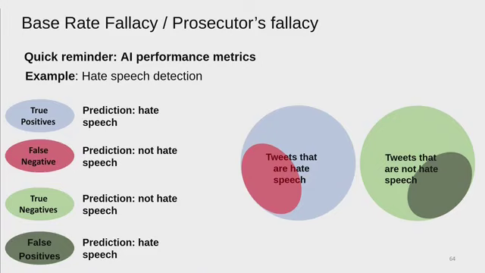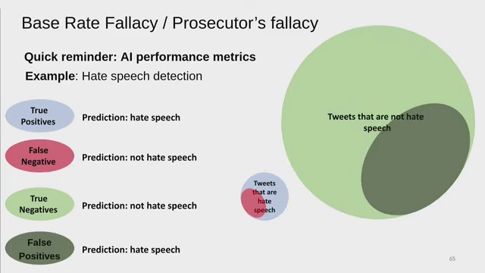Obviously, for our classifier we want as high as possible true positives and true negatives, and as low as possible false negatives and false positives. Now the issue is that the set of hate speech, at least on Twitter a couple of years ago, was much smaller than the number of tweets that are not hate speech.